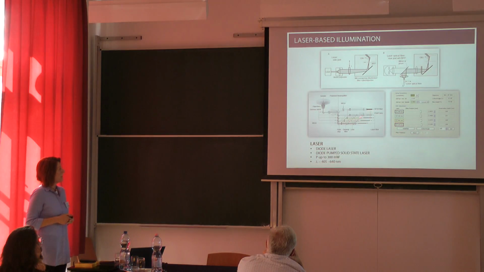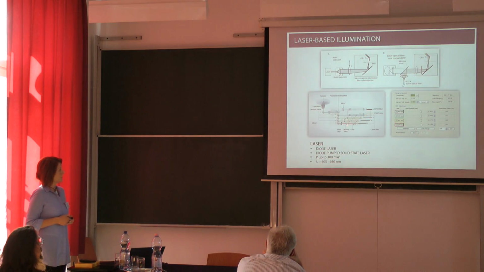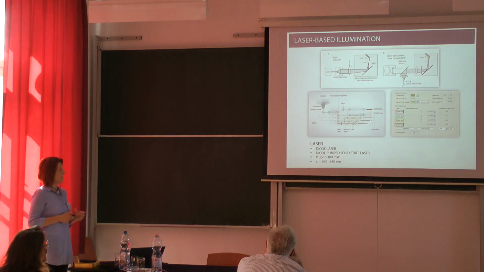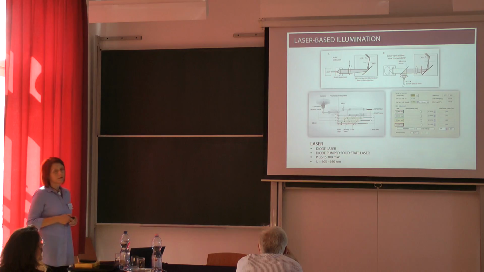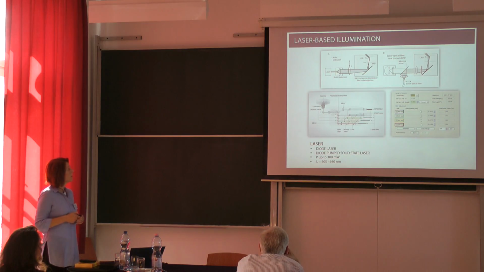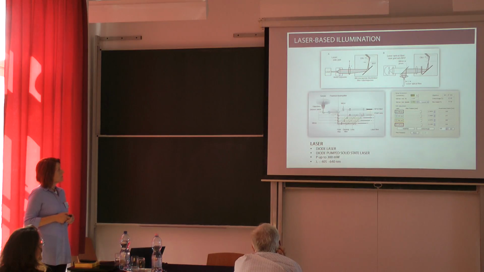In the system that we have, we can combine four different laser lines. At this moment we have only two, a 491 and a 568 laser line. Also, in most commercial setups, you can adjust the properties of the laser beam in terms of total internal reflection using the software.